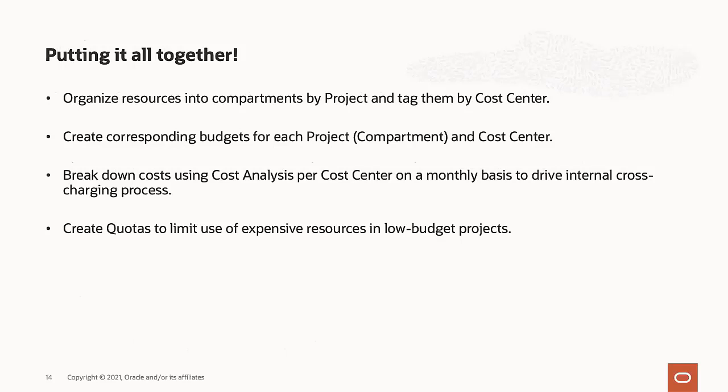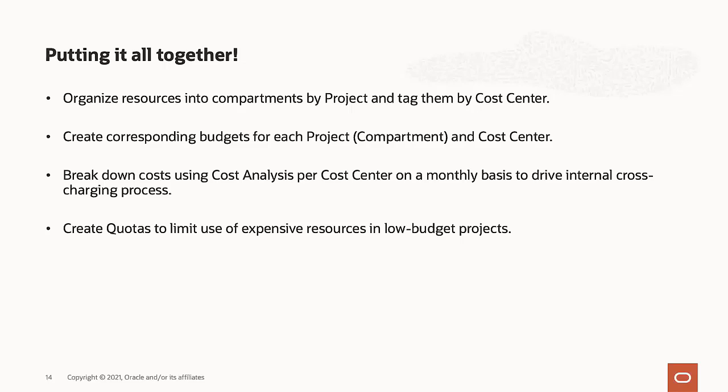And then also make sure that you're creating budgets for each project as well as cost center, and being able to break down those costs using the cost analysis dashboard in our console, and doing this on a regular basis to see where the charges are coming from. As well as using quota policies and creating quotas for specific compartments just to limit the use of, again, expensive resources that don't necessarily need to be provisioned.